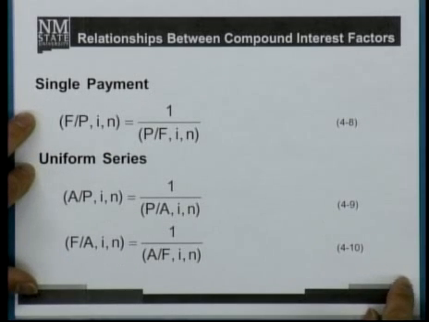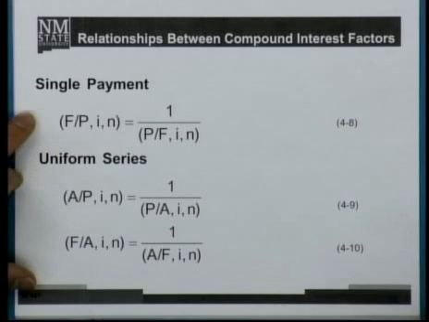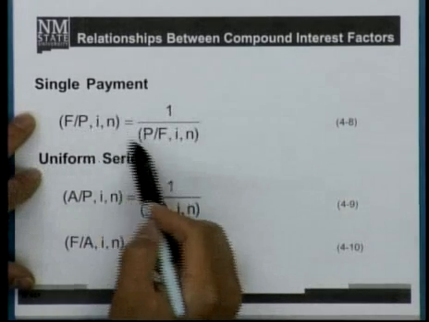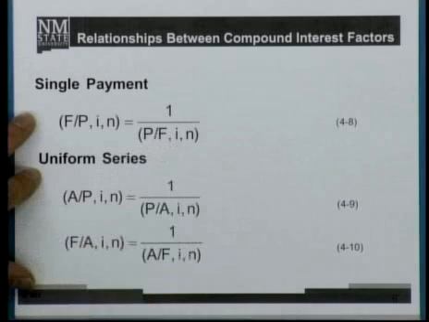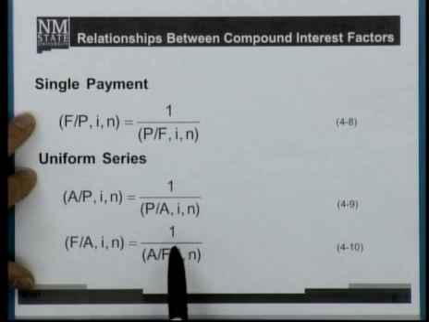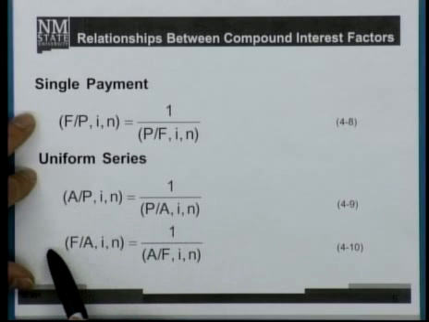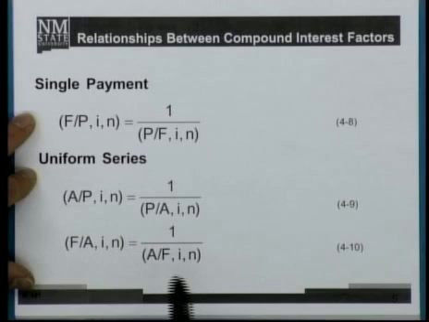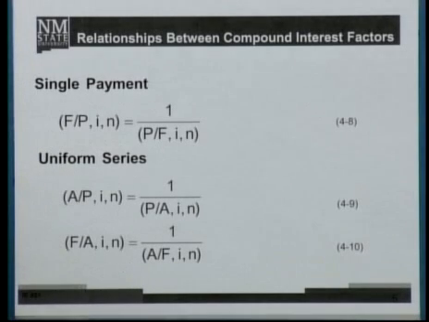As you can see here, the compound amount factor is the reciprocal of the present worth factor. And the capital recovery factor is the reciprocal of the uniform series present worth factor. And the compound amount factor is the reciprocal of the sinking fund factor. Okay.